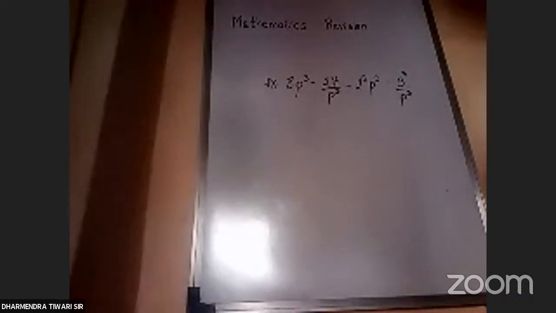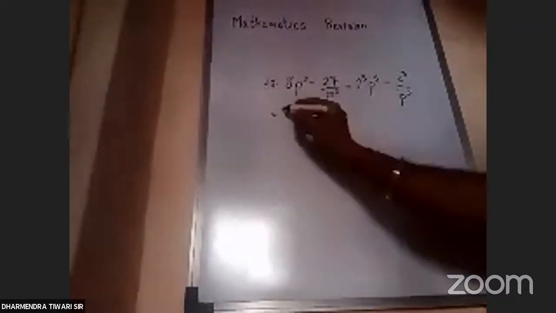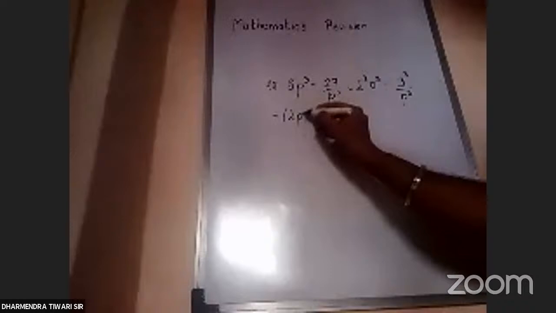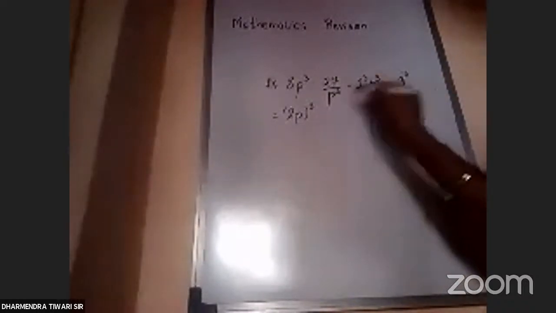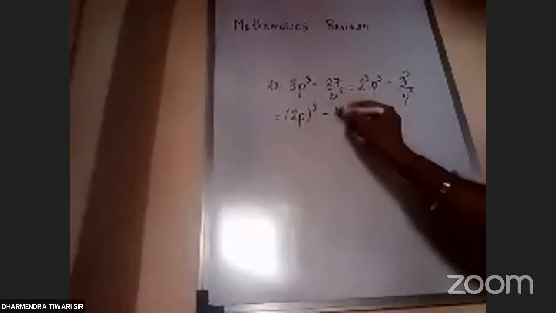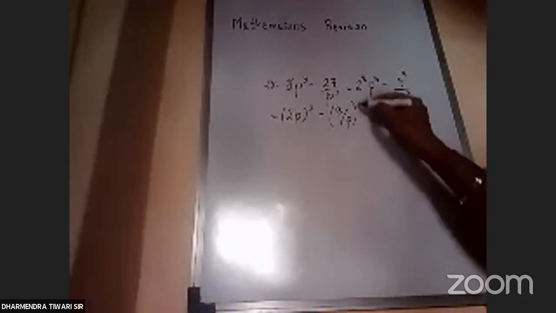This we can easily understand. 2p the whole cube minus 3 by p the whole cube.